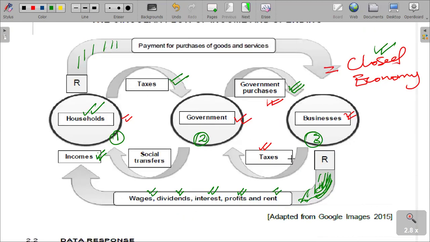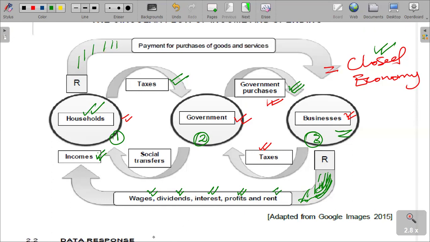What is it that businesses give to households? They give households income in the form of wages, dividends, interest, profits and rent. Wages, as people go to work, they are paid. Dividends are their profit sharing, which they receive from their investments.